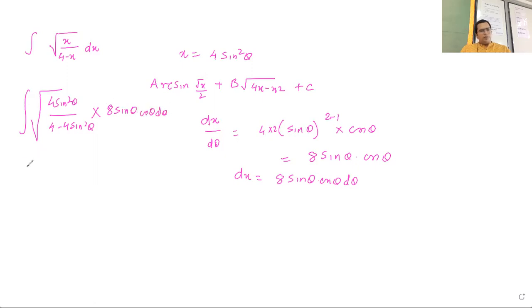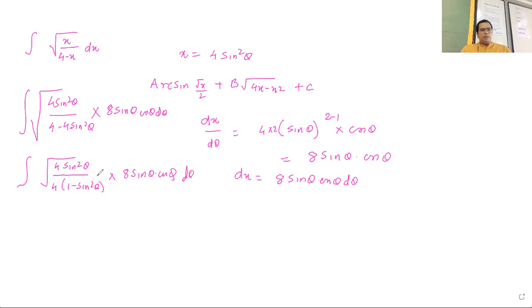After this, if you simplify the inside of the root, you take 4 common: 4 sine square theta over 4 times the bracket 1 minus sine square theta, times 8 sine theta cos theta d theta.